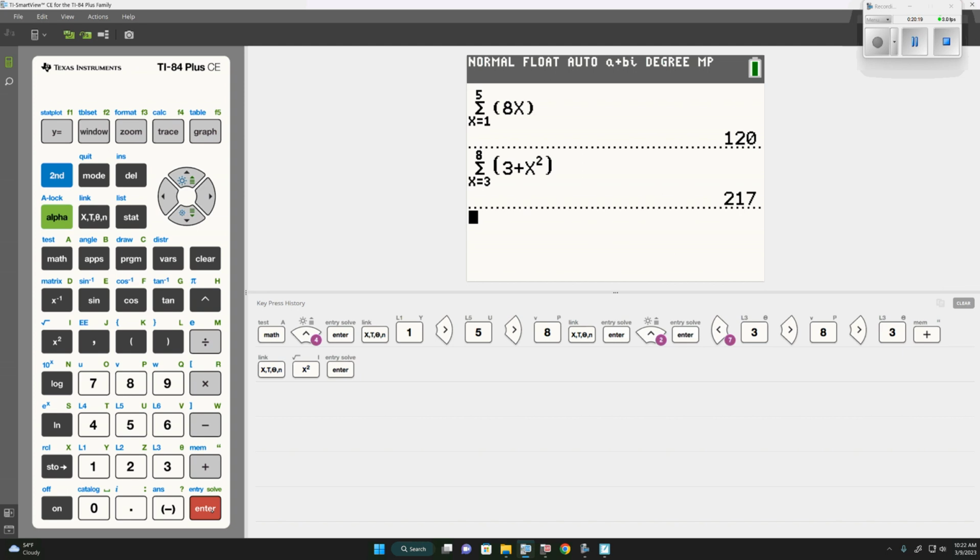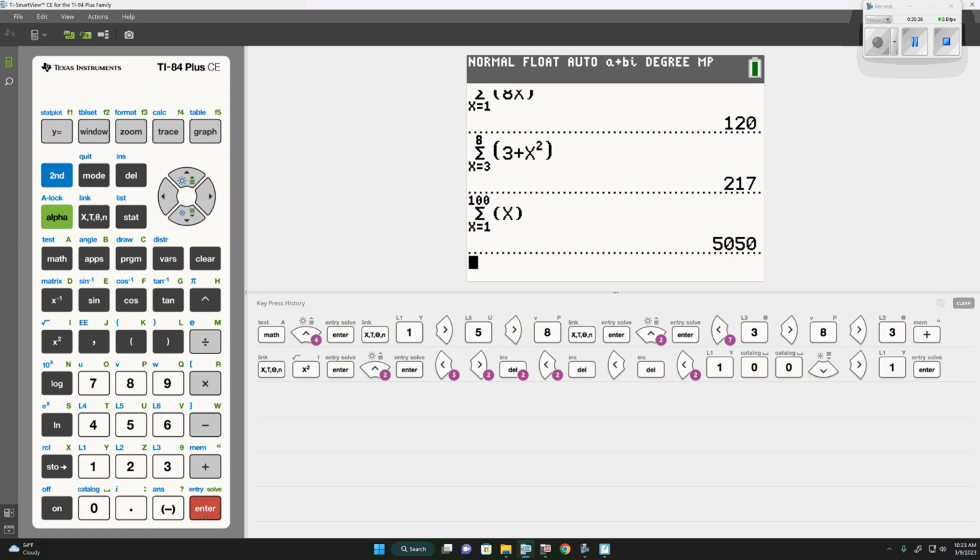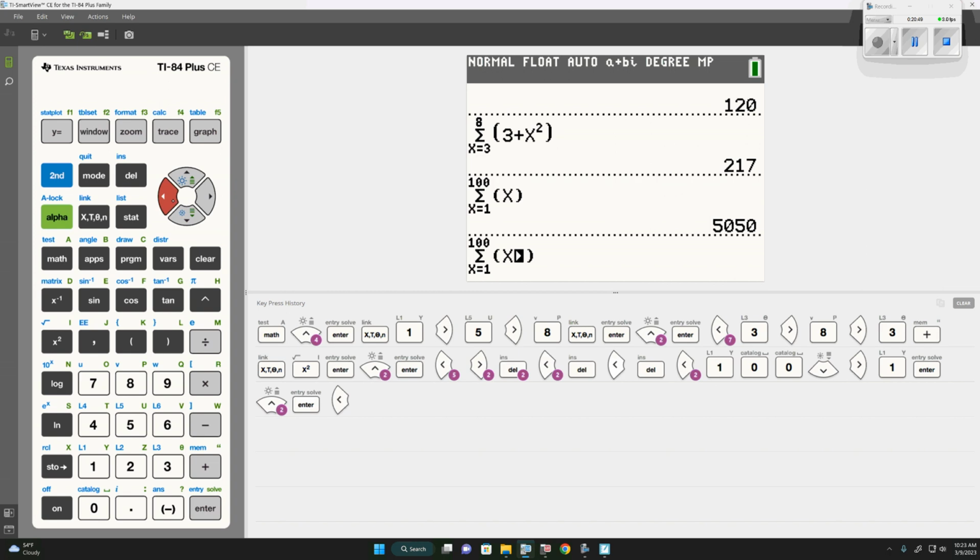Now the one we just did a minute ago, because we said the summation of x, the top number was 100, and we started at 1, 5,050. Interesting.